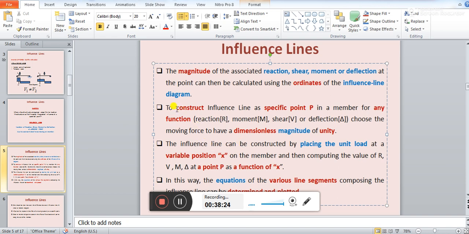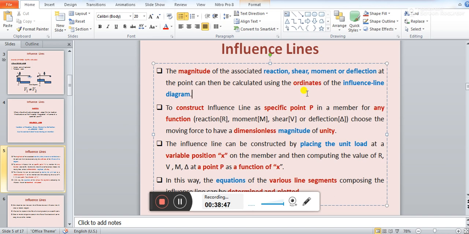So now if you want to construct influence line diagram, we will be explaining it through mathematical examples, but before that you just understand the concept. So for what will you be constructing influence line? You will be constructing the influence line for any function.